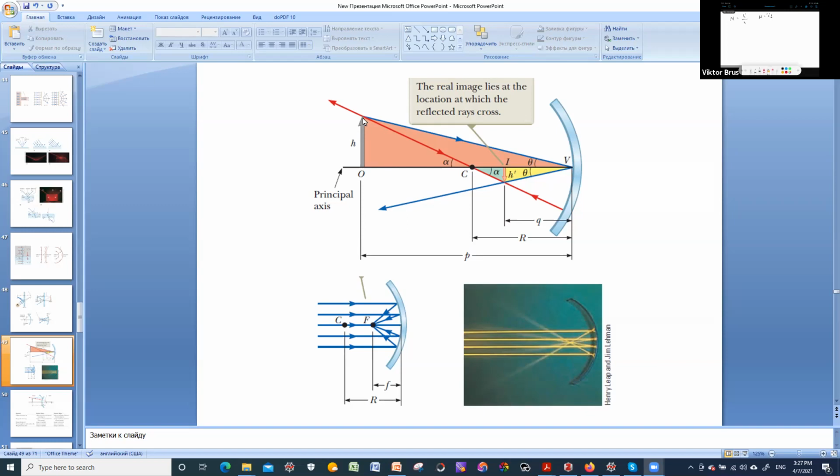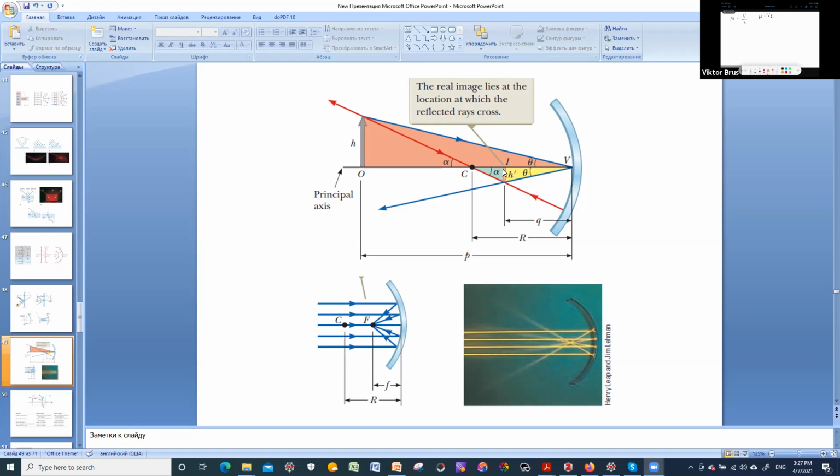The other ray goes from the top point of the object perpendicularly to the surface of the mirror, so it will be reflected backwards, and the interception of these two reflected rays will give us the image of the highest point of the object.